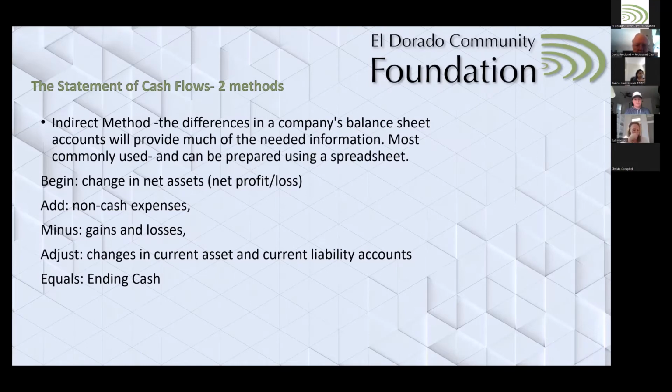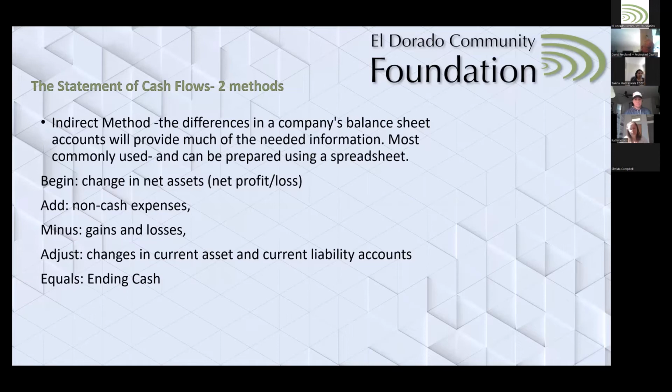Again, if this is accrual, remember it's got all the stuff that we haven't paid and all the stuff that we've not gotten yet from donations. You would add back any non-cash expenses because you haven't paid those out yet. You would minus any gains and losses because those are financing activities. Again, you would adjust depending on your current assets and liabilities, and you would have the ending cash.